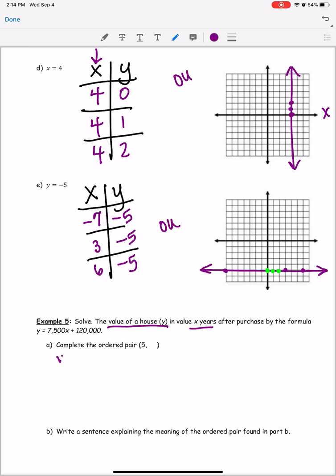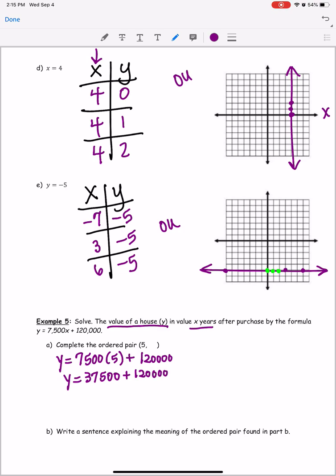So we've got Y equals 75,000 times 5 plus 120,000. Now you can do this part by part. We can multiply 75,000 times 5 is 375,000 plus 120,000.